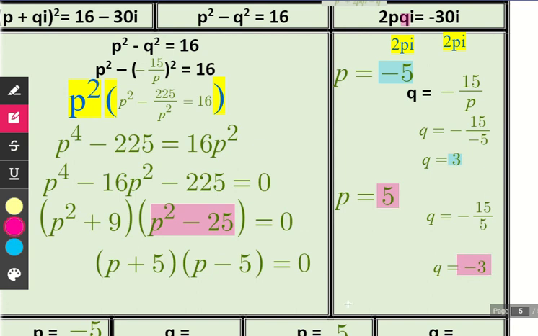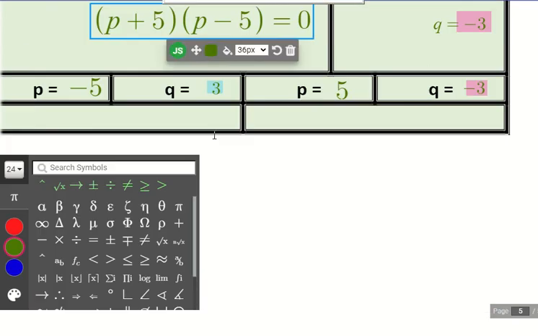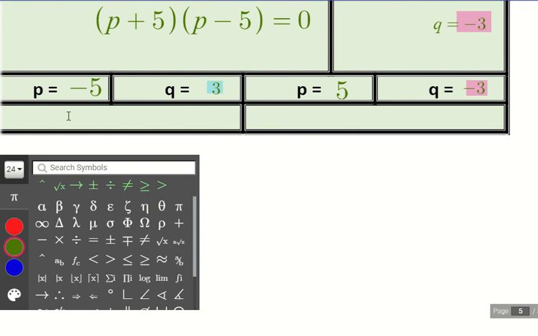So now we can go down and actually write our roots. So for the first root, the square root of z equals negative 5 plus 3i.